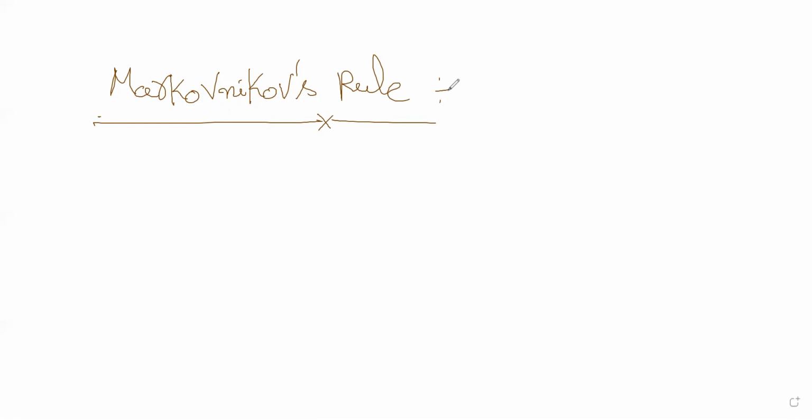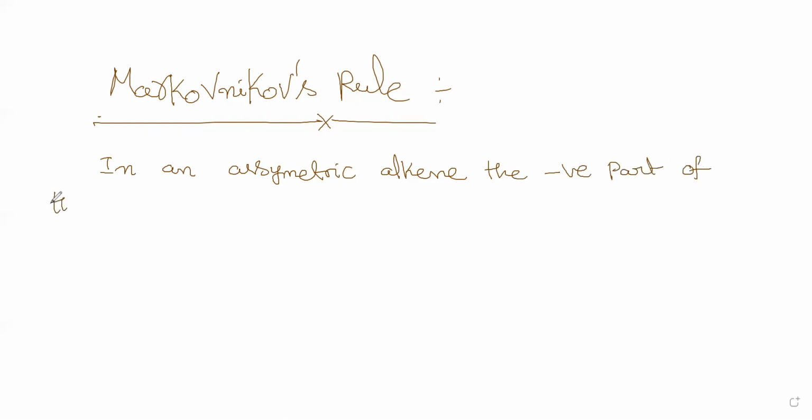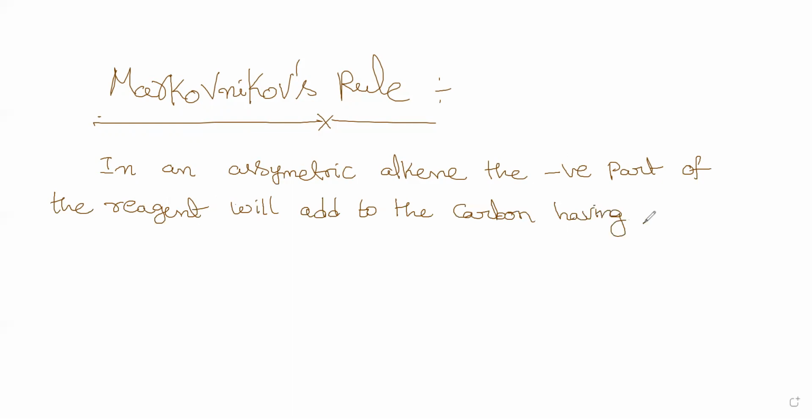So what does this rule say? It says that in an asymmetric alkene, the negative part of the reagent will add to the carbon having less number of hydrogens.